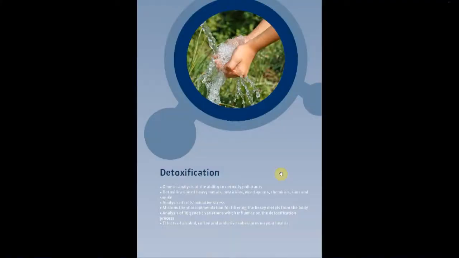Now, detoxification is an interesting concept. Basically, there are a number of different toxins, toxic chemicals and stuff in our environment that can reach our body, that can get into our body. And nature knows about this. So we have a number of systems, a number of genes that can recognize these toxins, neutralize them and remove them from the body.